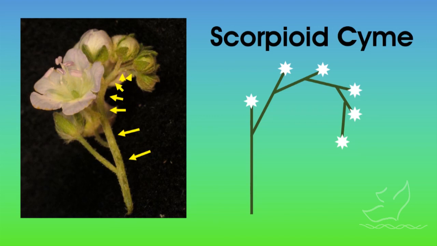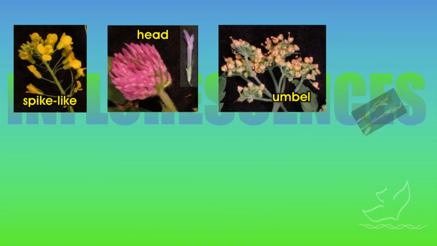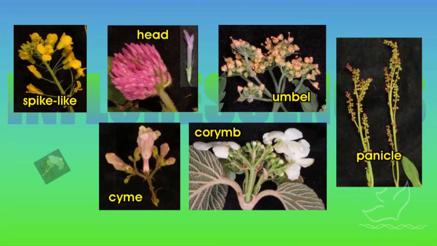It's coiled and looks like a scorpion's tail. So therefore we call this a scorpioid cyme, or you can just call it a one-sided cyme. So that gives you all of the main inflorescence types: spikes, heads, umbels, panicles, corymbs, cymes, and scorpioid cymes.